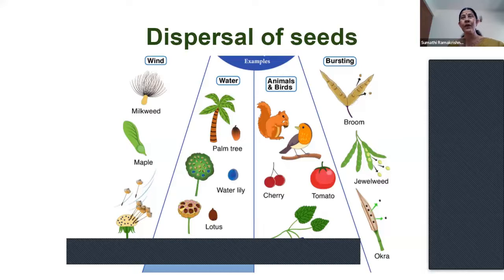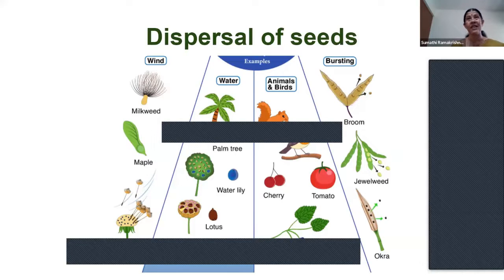So these are all the various methods. You can explain how dispersal by wind happens and what types of seeds are involved.